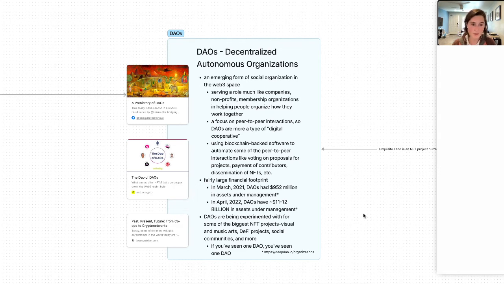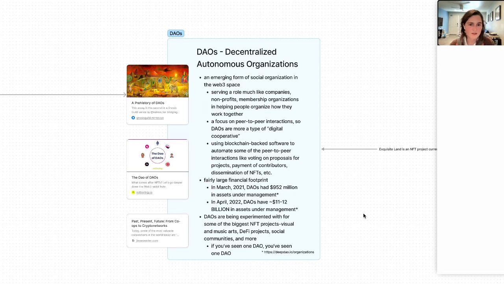How much do we want to pay contributors, actually paying contributors, dissemination of NFTs. John mentioned smart contracts as well. That's usually how these peer-to-peer interactions are programmed so that we can rely on computers to do the things that computers do well and execute, but we tell it what to execute so that you don't have to have people worried about how to tally up the votes, how to execute payments to people that are contributing.